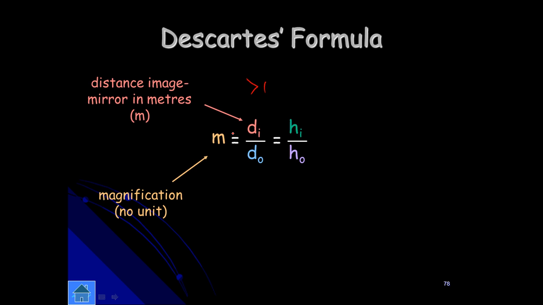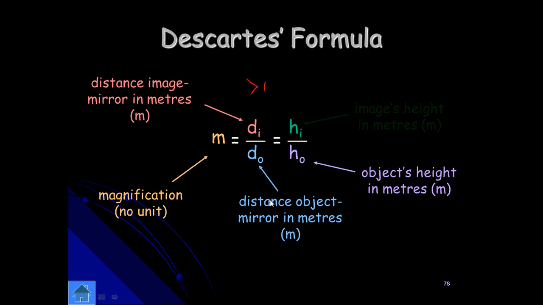So you can either take it as a ratio of the distances or a ratio of the heights. So if you've got the magnification and you've calculated this, you can find out how big the object's going to be. So these are interchangeable, and you have to think very carefully of the information that you've got and the information that you're trying to calculate.